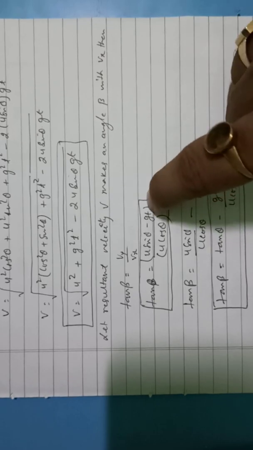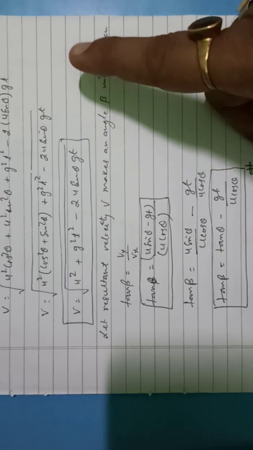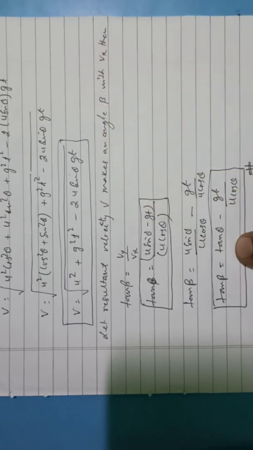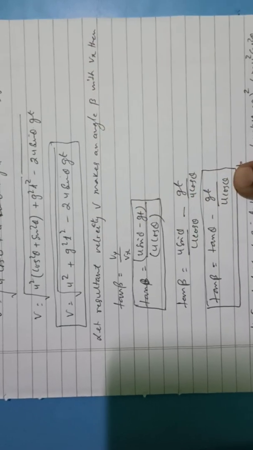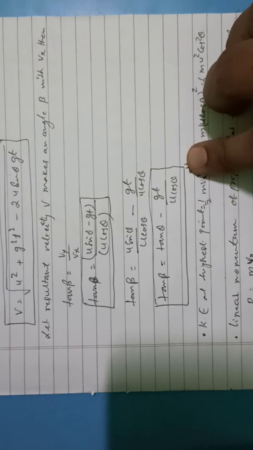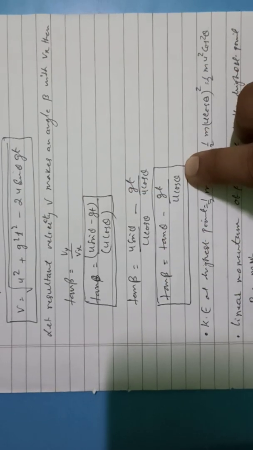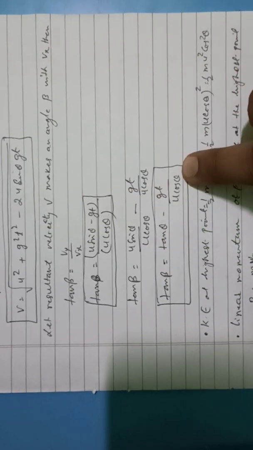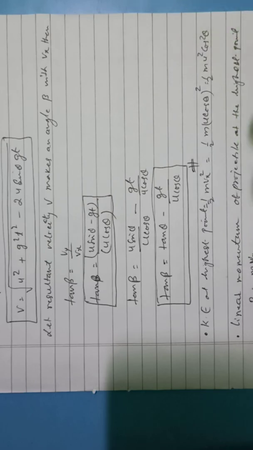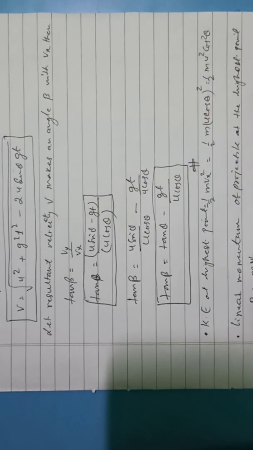Otherwise, if you write up to this result, no problem. Tan beta is equal to tan theta minus gt by U cos theta. This is the direction. Therefore beta is equal to tan inverse of (tan theta minus gt by U cos theta). We can also write that. Is it clear?